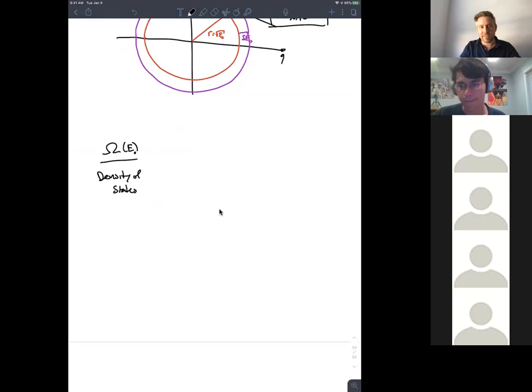And we define the density of states such that if you take this quantity and multiply by the thickness of our annulus, that should be equal to this, essentially just counting the volume and counting the number of states. So it's a density times a distance, which gives you a number, right? And the number that we're counting is the number of states. And so what we do is we integrate over all possible values of P and Q that live within this annulus.